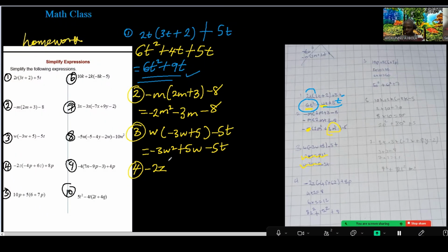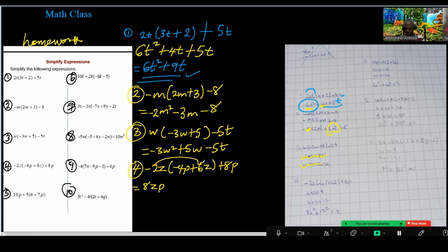So negative 2z into negative 4p plus 6z plus 8p. Negative 2 times negative 4 gives us positive 8, then z times p is zp. That is the first one.